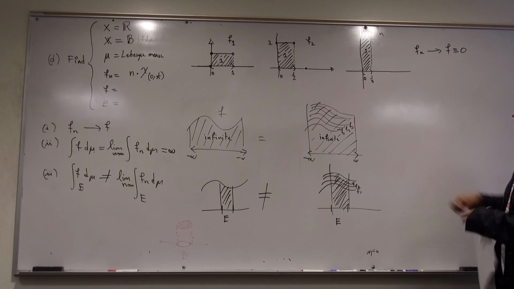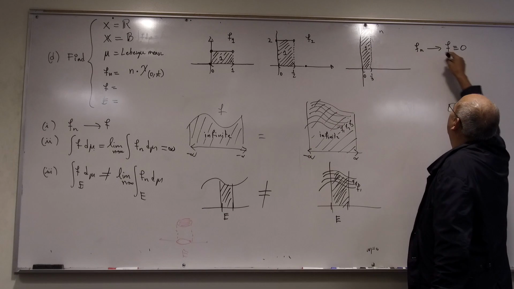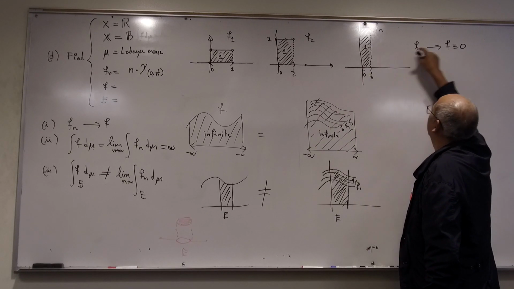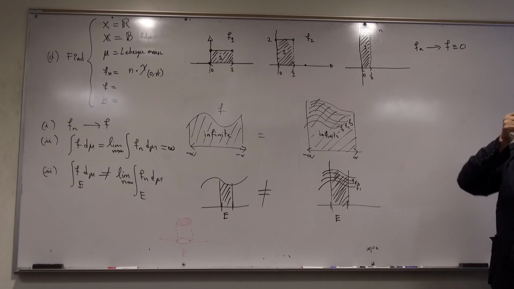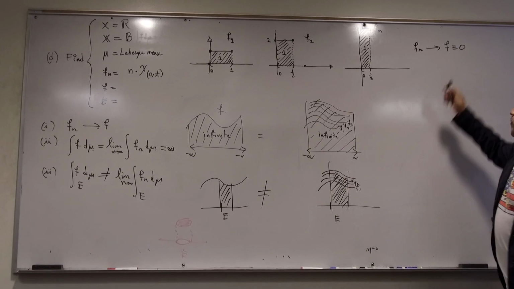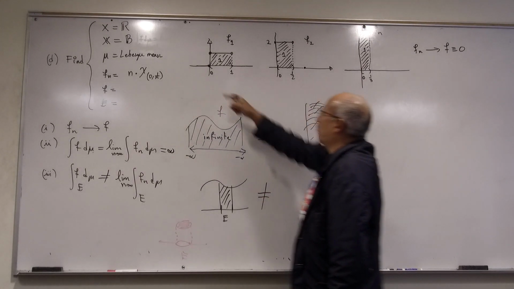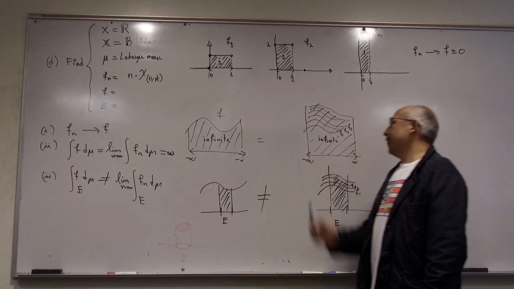Does it make sense? Even though this goes up to infinity, it converges to 0. If you look at every single x, fn of x converges to 0. This function is almost the answer, but not quite. We need to add an extra piece because we want the area to be infinite.